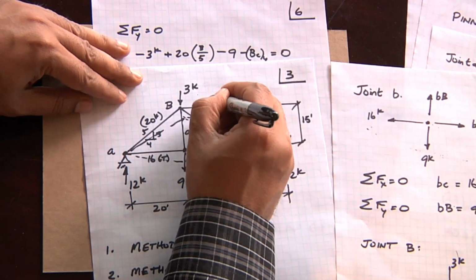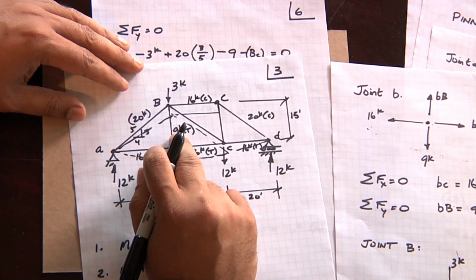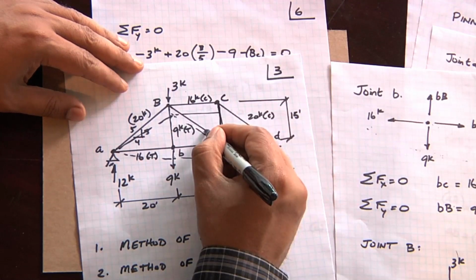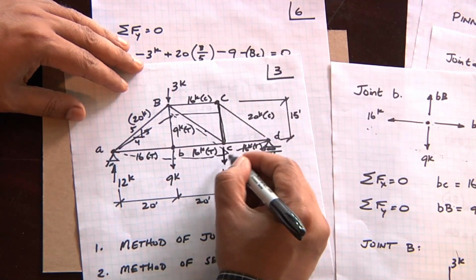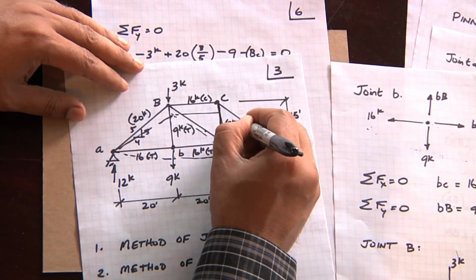So going back to our truss, this is 16 kips in compression. This is 9 kips in tension. And this load here, since this is 0, and we know that this is 12, we can immediately see is going to be 12 kips in tension.